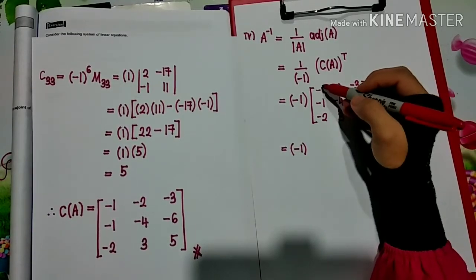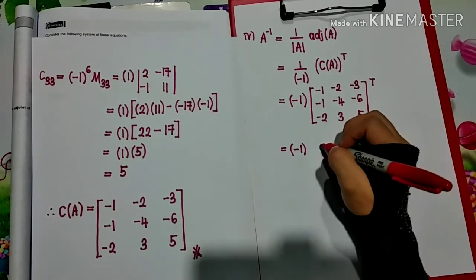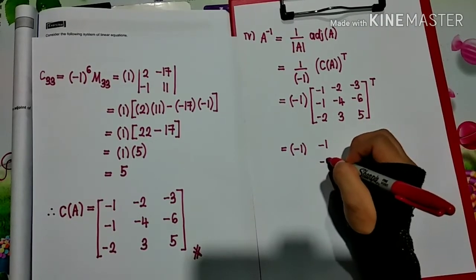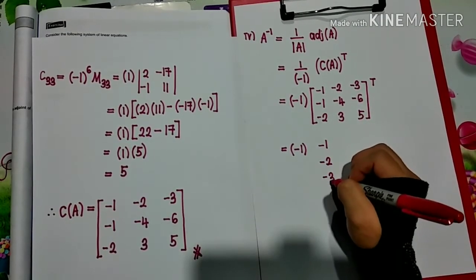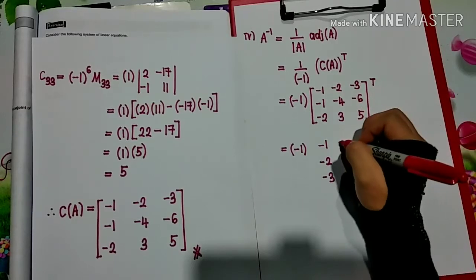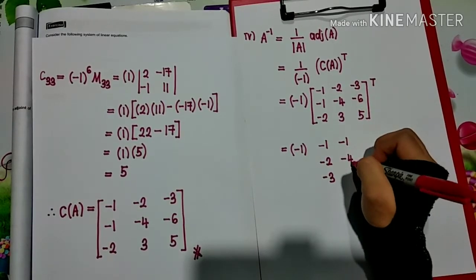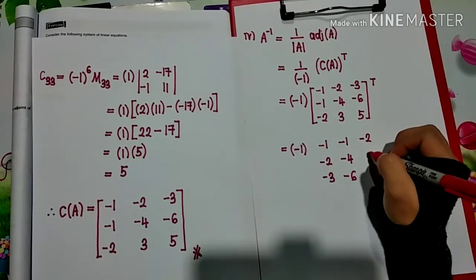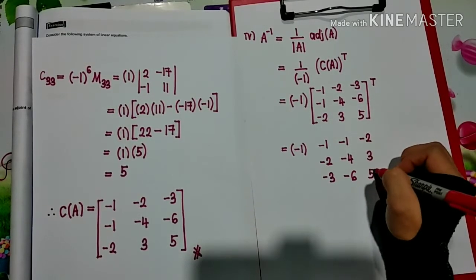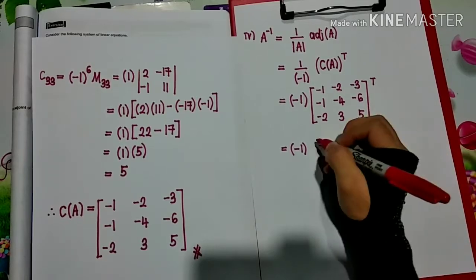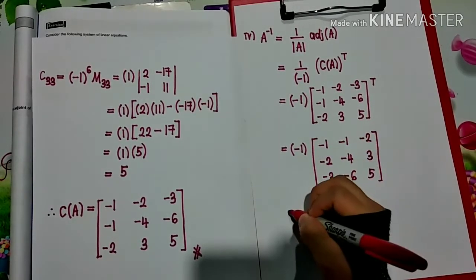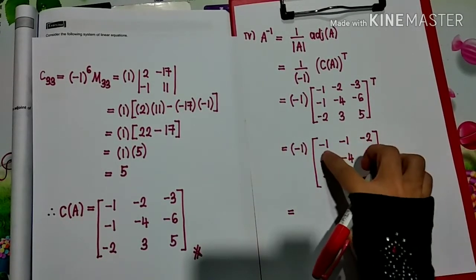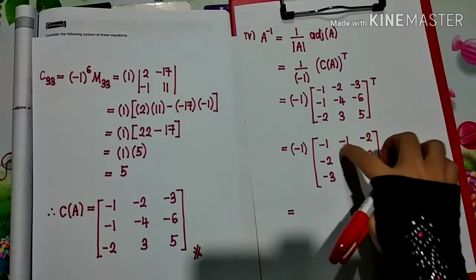So we transpose this matrix first. Remember, you interchange rows to become columns. So negative 1, negative 2, negative 3, the second row becomes the second column, and the third row becomes the third column. Last one, you multiply negative 1 with all the elements in this matrix.